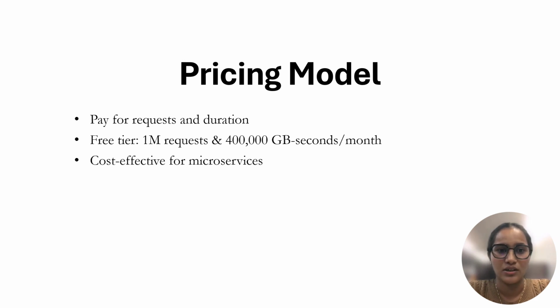The free tier includes 1 million requests and 400,000 GB-seconds of compute time per month. That's plenty for most small applications. After that, costs are still tiny, often just a few cents for thousands of executions. So basically, the biggest advantage of using Lambda is pricing.